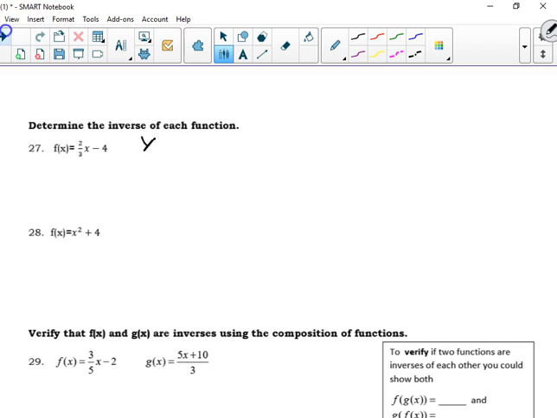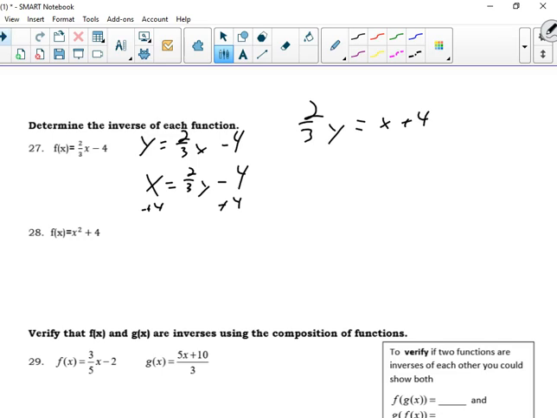So step 1, make this into y equals 2/3 x minus 4. Step 2, switch these. X equals 2/3 y minus 4. Now, solve for the new y. Add 4 to both sides. I get 2/3 y equals x plus 4. How do I undo 2/3?